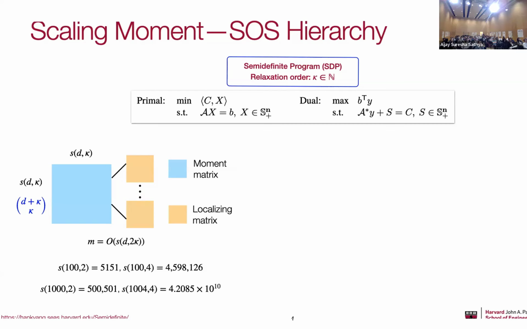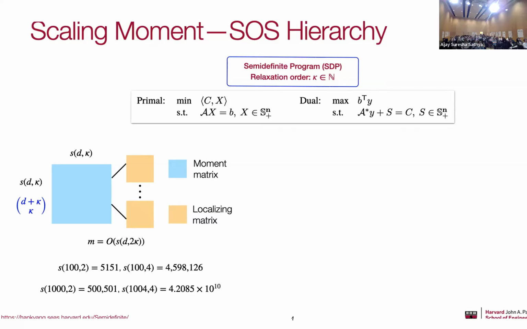The size of this moment matrix, which is the big matrix in this block diagram, is s(d, kappa) by s(d, kappa), where s(d, kappa) is the binomial d plus kappa choose kappa. And the number of linear constraints, which is the number of connections, or the black lines you see here in this SDP, is roughly s(d, 2 kappa).